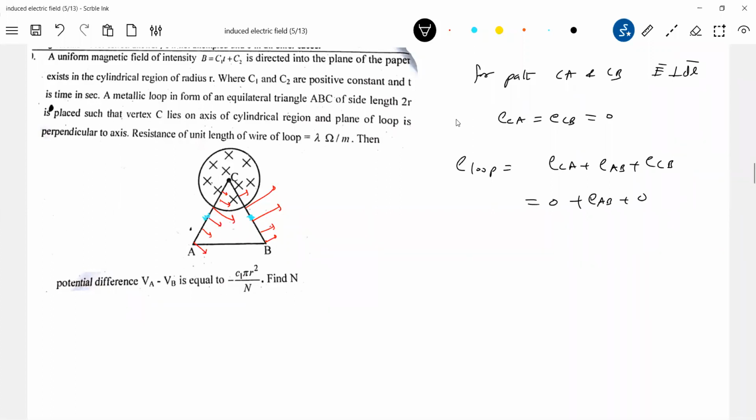How to calculate the loop's effective area? What will be the effective area? Only this part. This is the effective area, no? It is the area of the sector, and it's an equilateral triangle, so 60-degree sector. You substitute here area of sector into dB by dt.